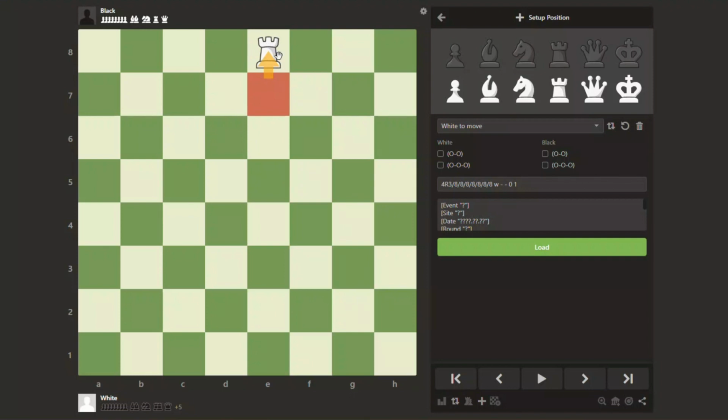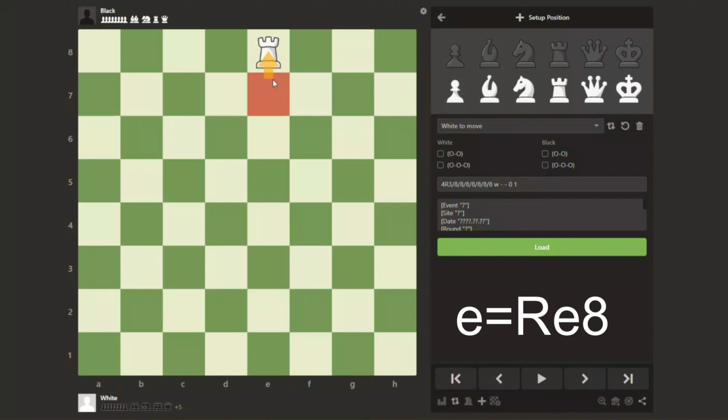So what will be my notation? The notation will be, first of all, we will write the pawn file. On which file was it? It was on the E file. So first thing we will write is E. Then we will write is equal to, because it's the symbol of promotion.